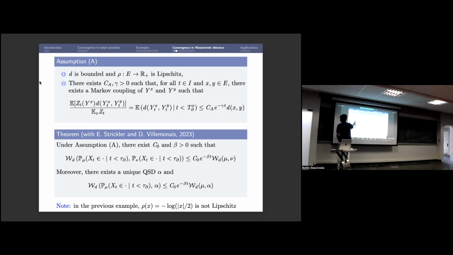I take the expectation of the penalization of the x process, the process starting from x, times the distance between the two processes, and I normalize it. So if I come back to the initial notation, it's simply the expectation of the distance between the two paths, given the first one survives, and only the first one, right? And so I assume some exponential decay of this form for these quantities. So this is a property about there exists a Markov coupling that satisfies this property.